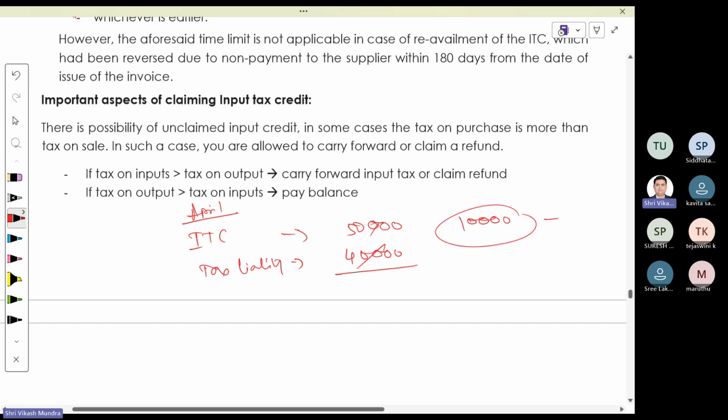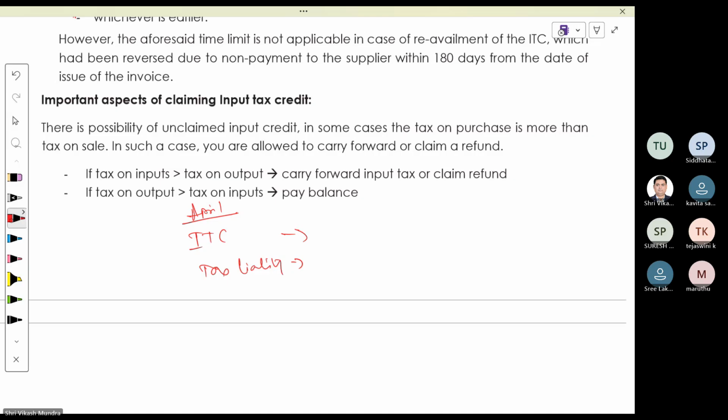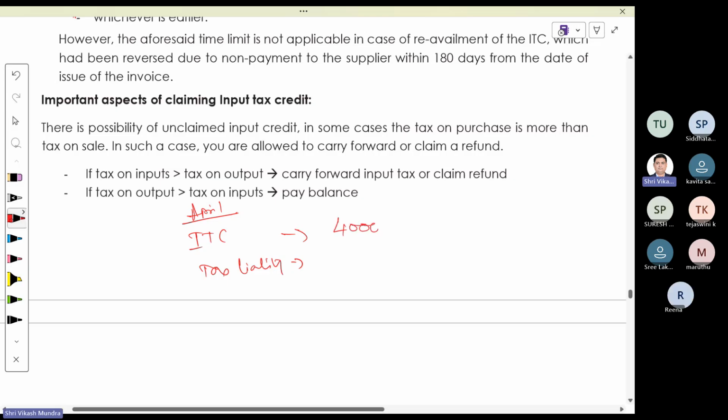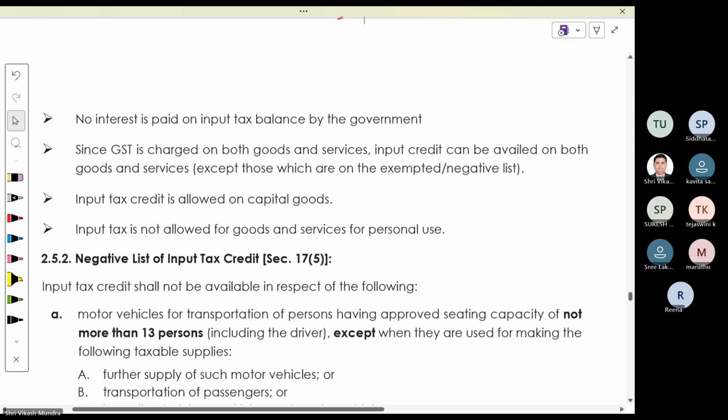It would be carried forward to the next period. On the contrary, if situation is reversed, ITC is 40,000 and tax liability is 50,000. In that situation, I am required to pay 10,000 in cash to the government for the month of April. Done? I'm required to pay that money in cash.